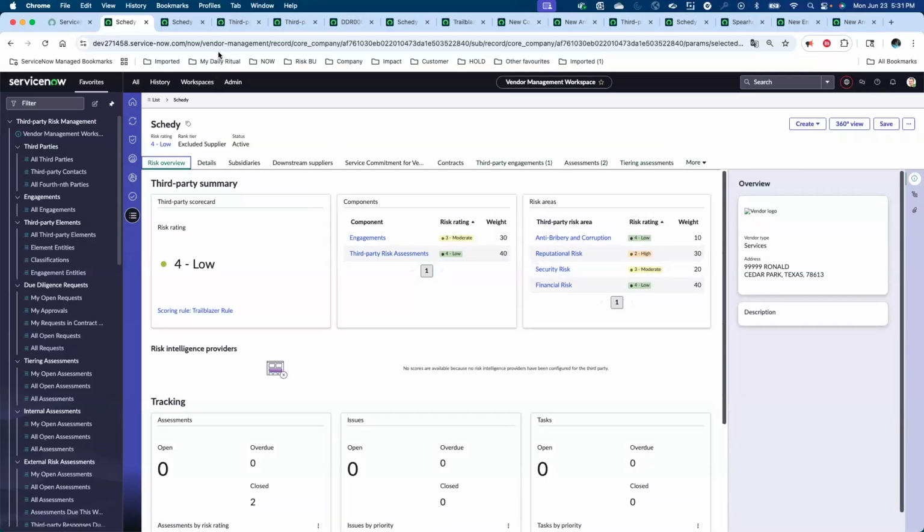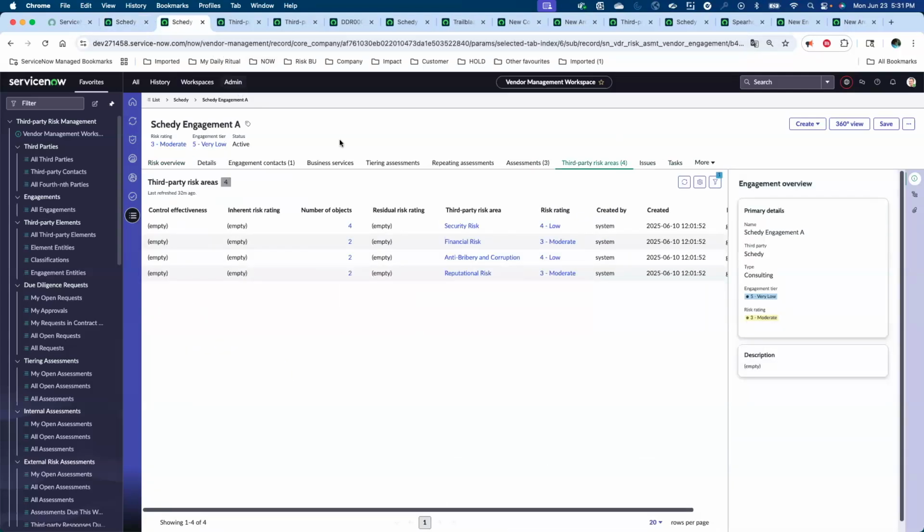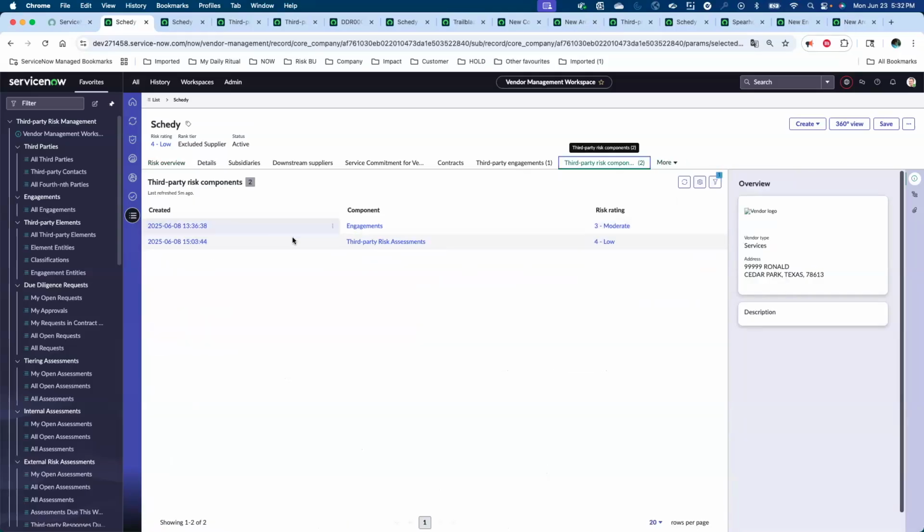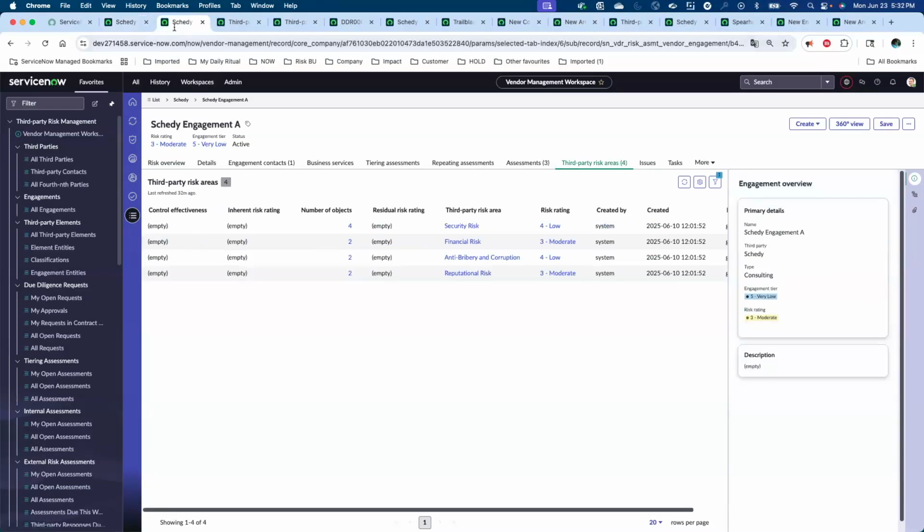If I drill down into the engagement risk areas for this component, this is what shows up for the risk areas.